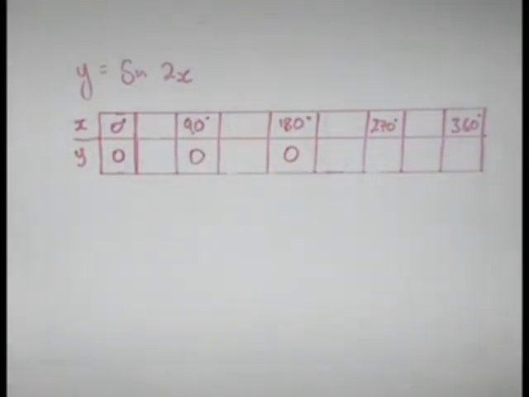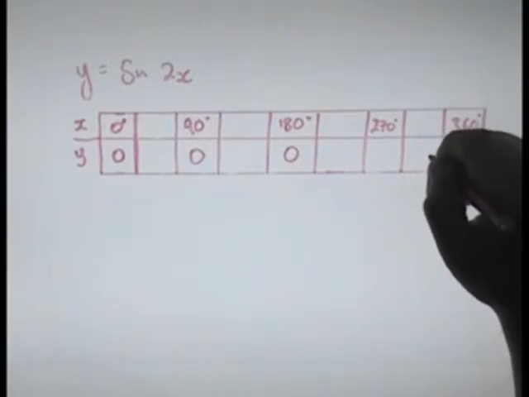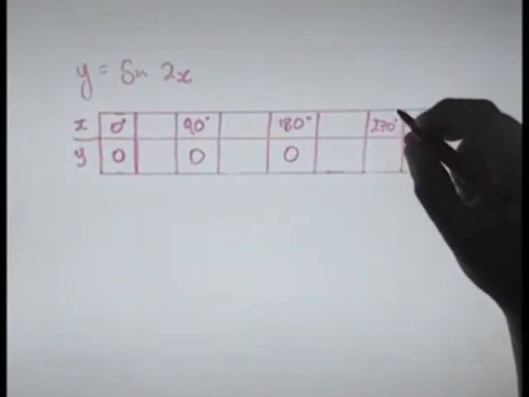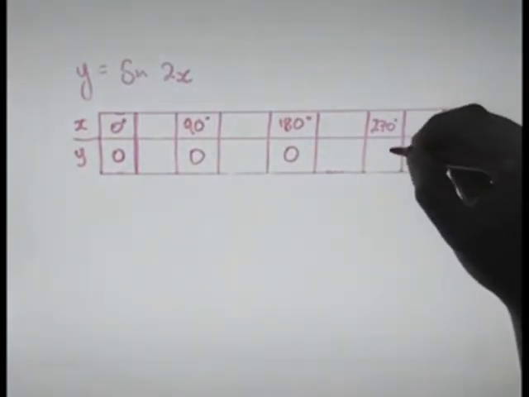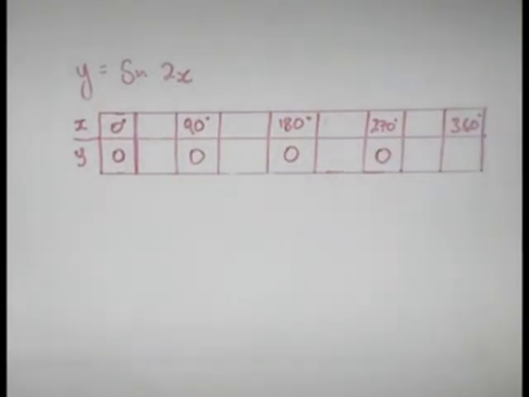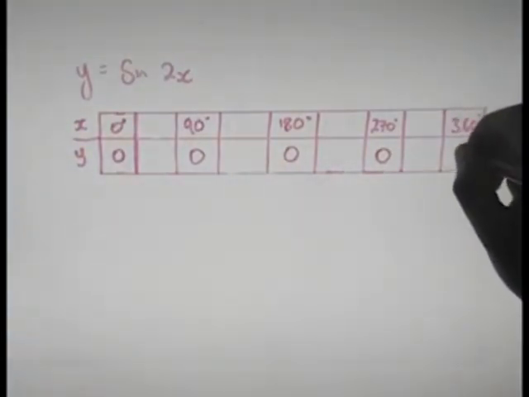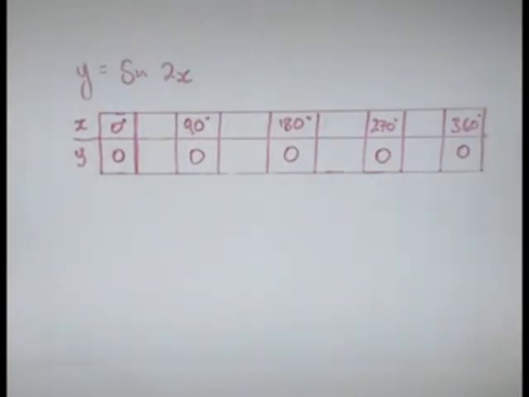When x is equal to 270 degrees, that's going to be sine of 2 times 270, which is the same as sine of 540. Sine of 540 is equal to 0. At 360, sine of 720 is equal to 0.